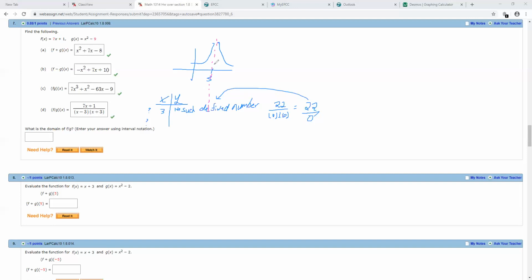And by the way, there's a fancy word for this. This vertical line is called a vertical asymptote.